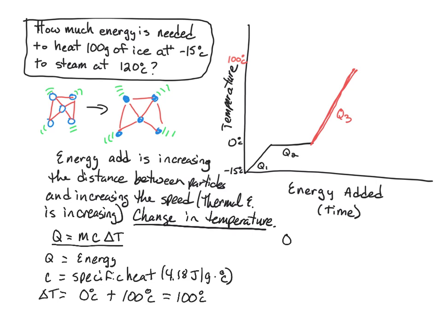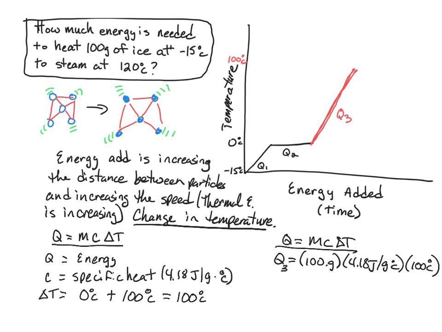Now I'm going to substitute these numbers into my formula and solve. I'm going to be solving for the energy. My mass was 100 grams. My C, or specific heat for water, is 4.18 joules per gram per degree Celsius, and my delta T was 100 degrees Celsius. Now, the delta T, I calculated that myself, so it's not going to go into figuring out my significant figures. So this will be Q3.